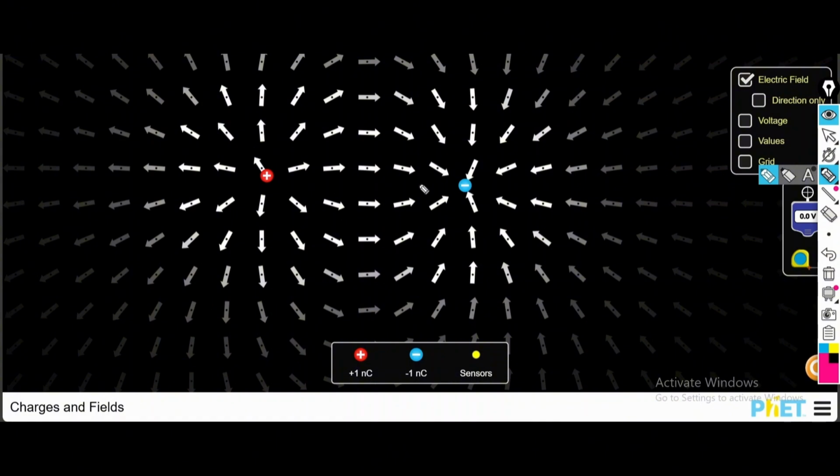This is the intrinsic nature, and this is the representation of the electric field lines for a positive charge and a negative charge. The lines originate from the positive charge, move towards the negative charge, and terminate there. In this way these two charges attract each other.